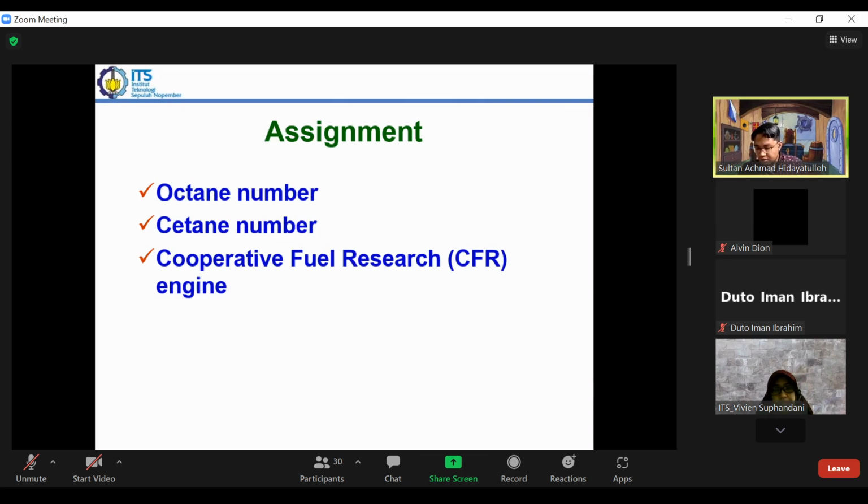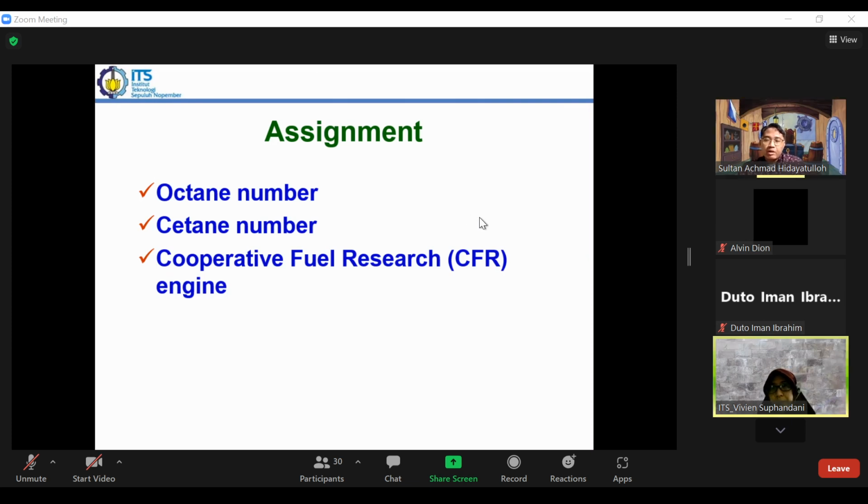What I found about octane number is the percentage by volume of isooctane in the mixture of isooctane and heptane. So this is a ratio, ma'am, of the mixture of isooctane with n-heptane.